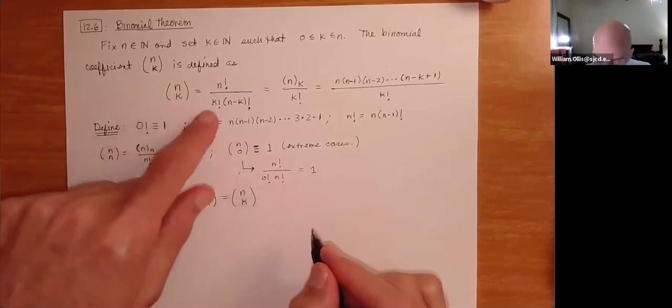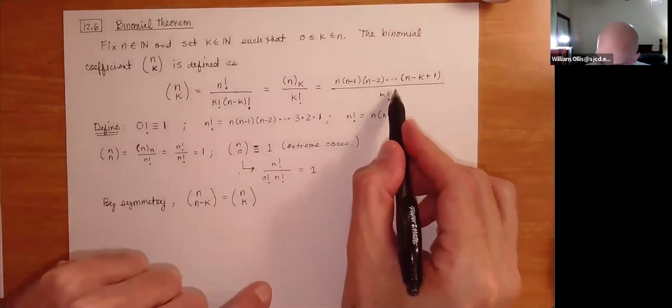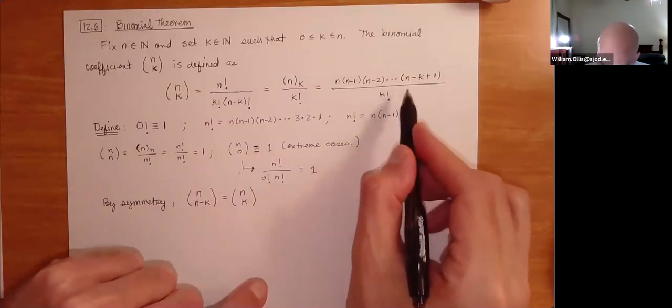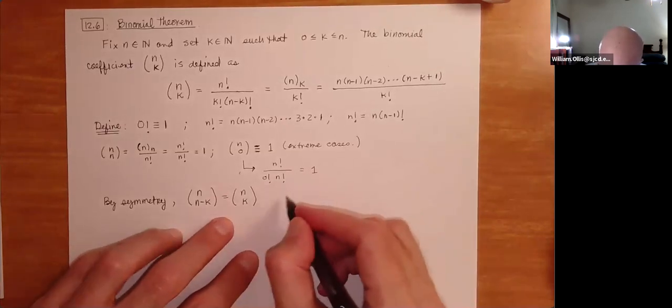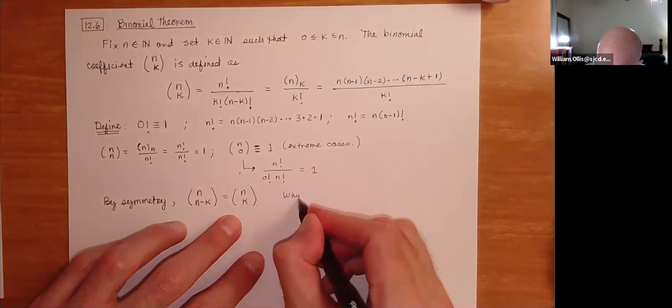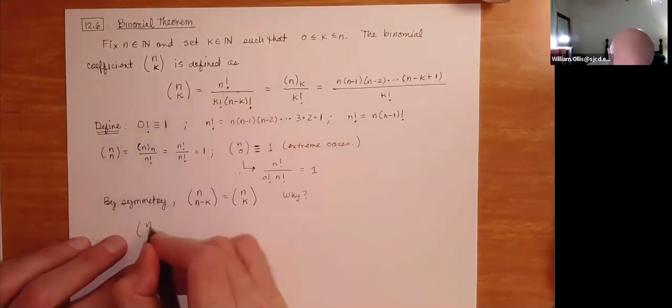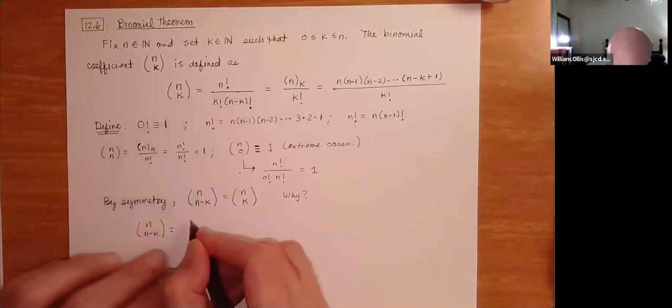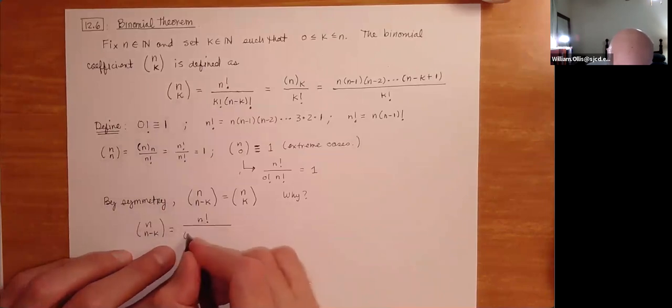And basically, if we just follow that rule, we don't even have to look at this, which would be more complicated, even though this is very useful to do proofs. We'll just use the first definition, n choose n minus k will just be n factorial divided by n minus k factorial.